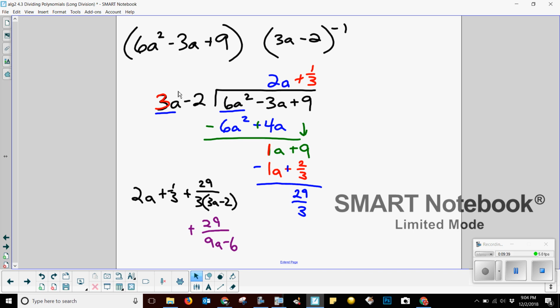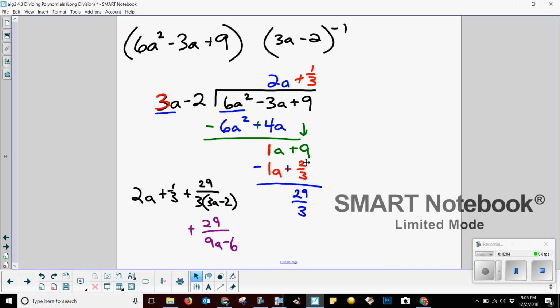Now this one was lots of fun. 3a times 2a was 6a squared. That was the easy part. Now I need 3a times something to get to 1a. Well, if you need to get smaller, you need a fraction. This fraction will always be this number divided by this number, possibly reduced. So if this was a 2 and a 6, we would still use 1/3.